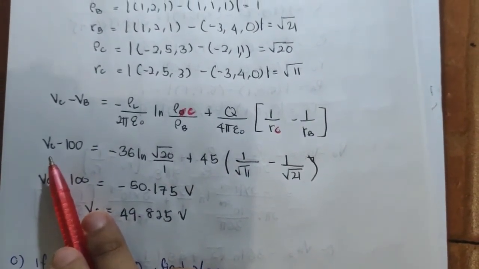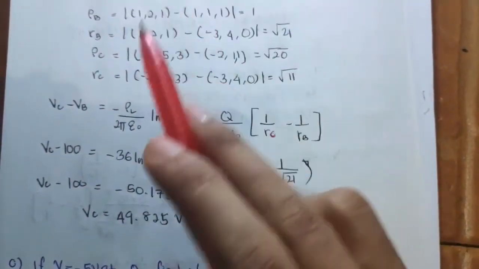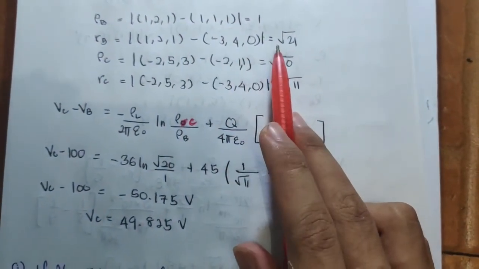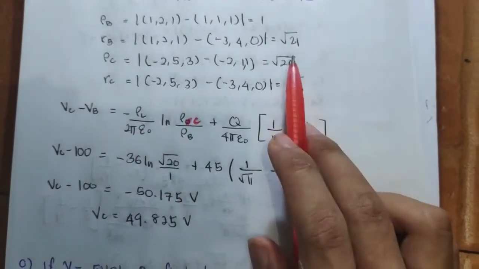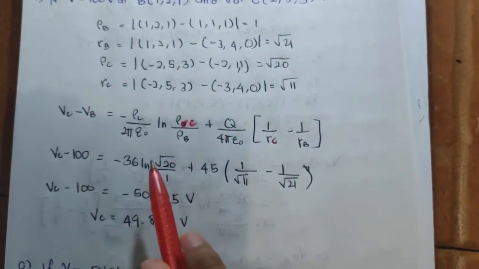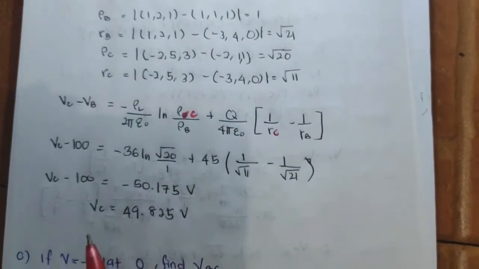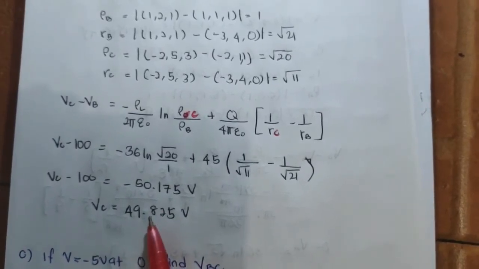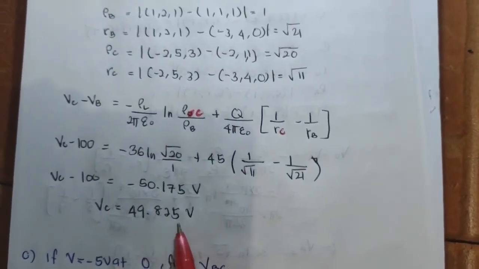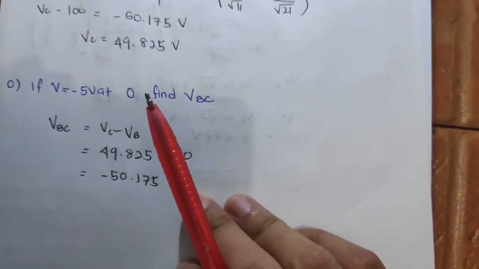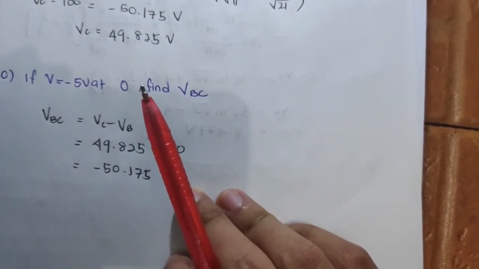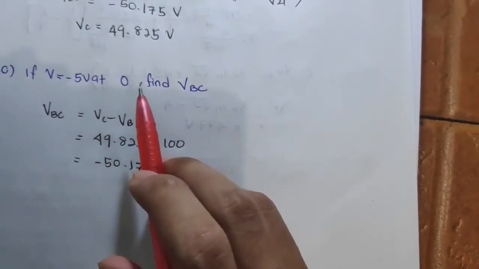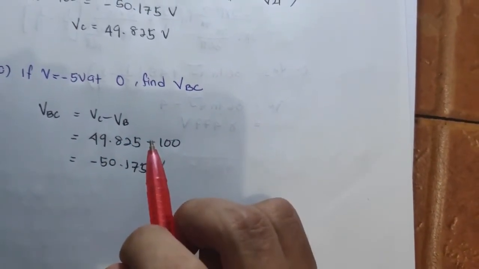We substitute all the variables, solve it, and we get VC equals 49.825 volt.